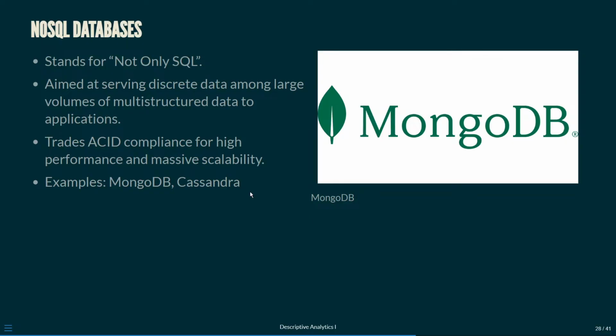This creates ACID compliance for high performance and massive scalability. Examples for this are MongoDB, which is the industry standard, and Cassandra for real-time processing. Cassandra is used, by the way, in Discord, and MongoDB is used by a lot of platforms.